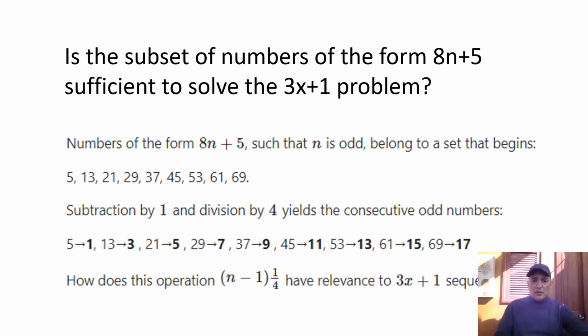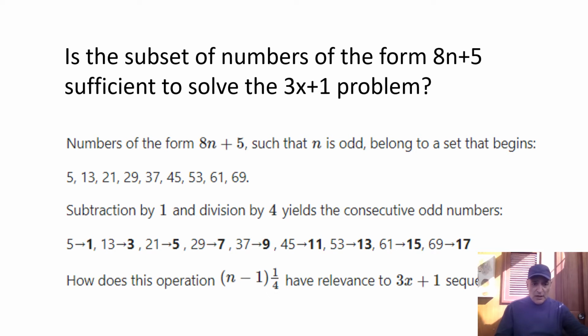So what we're looking at here is subtraction by 1 and division by 4 yields the consecutive odd numbers using the operation that I apply to numbers of this form. So it's very, very simple. You subtract 1 and you divide by 4. So input 5, output 1, input 13, output 3, input 21, output 5, input 29, output 7.